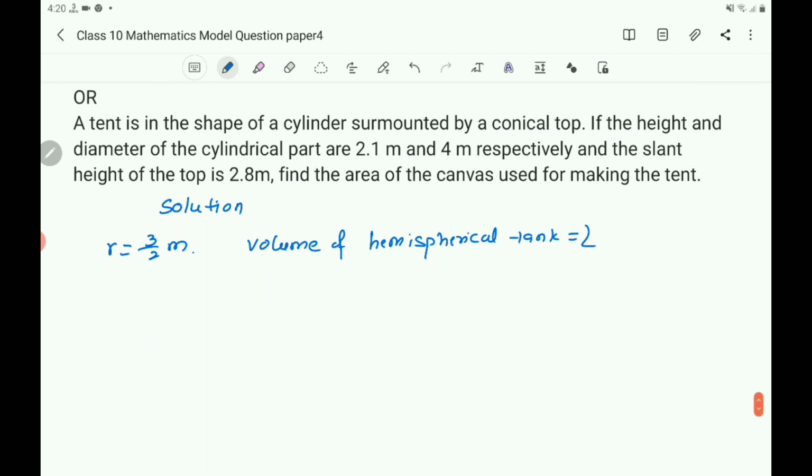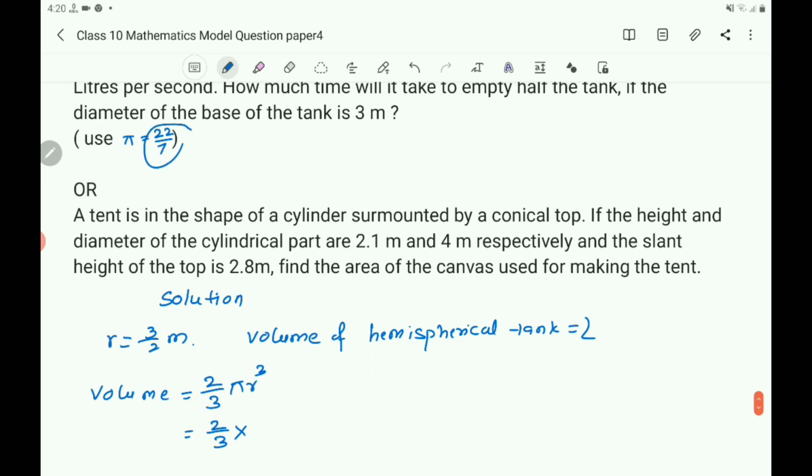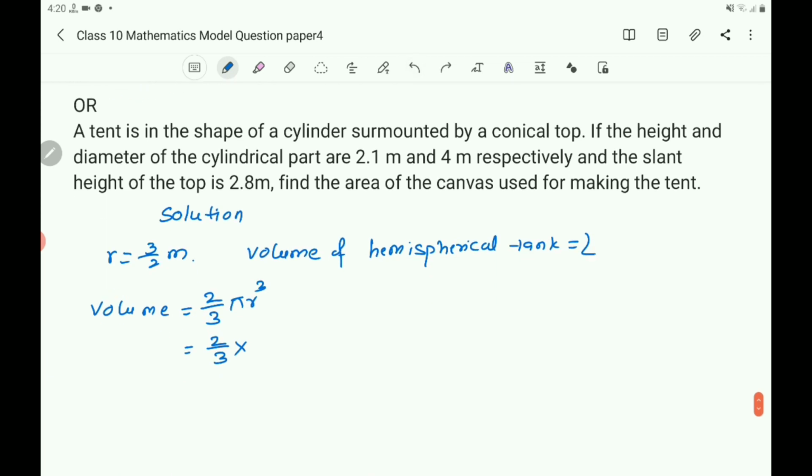So you write volume. What is the formula to find the volume of a hemisphere? Volume of a hemisphere is 2/3 pi r cube. That equals 2/3 into pi, and we take pi as 22/7, into r cube, where r is 3/2.